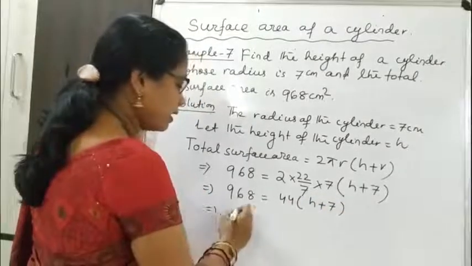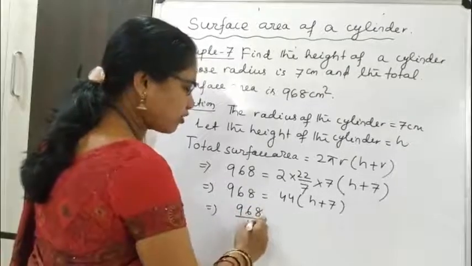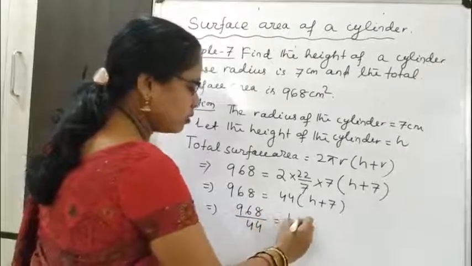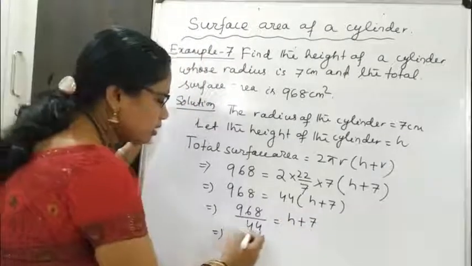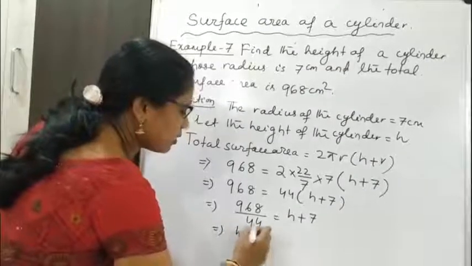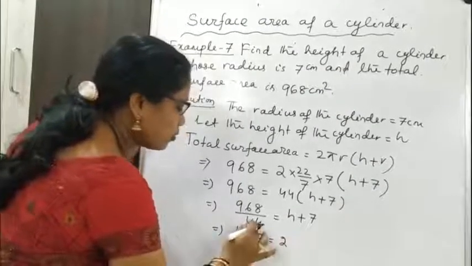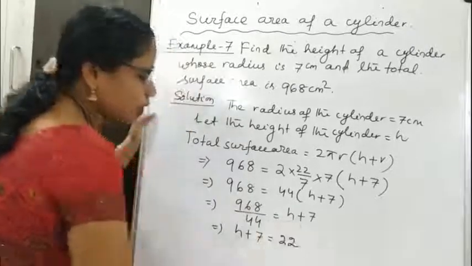So this implies 968 by 44 is equal to h plus 7. 44 twos are 88, then 2, 22.